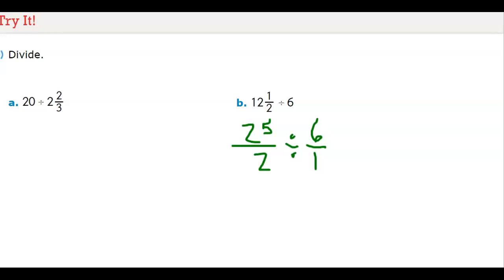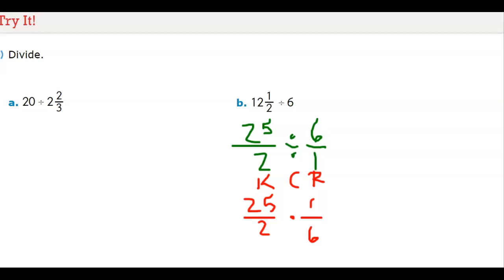And now we're going to do keep, change, reciprocal. Keep 25 over 2, change division to multiplication, and then 6 over 1 becomes 1 over 6. And now we can see if we can simplify.